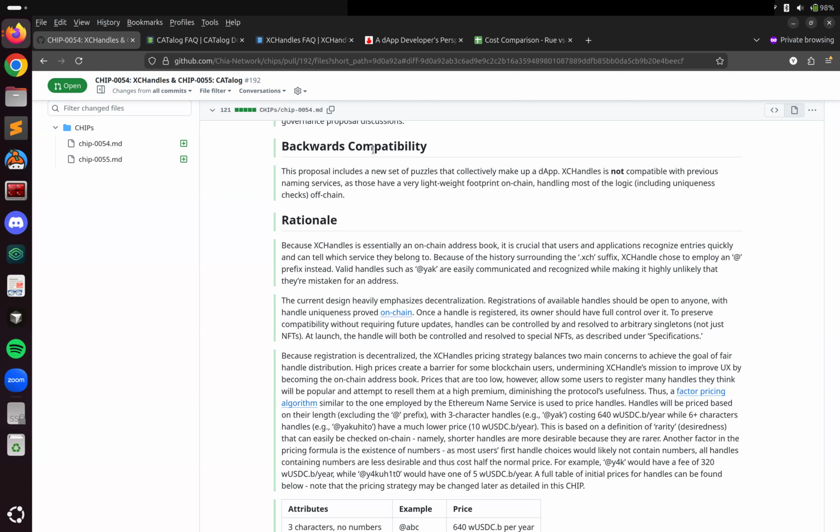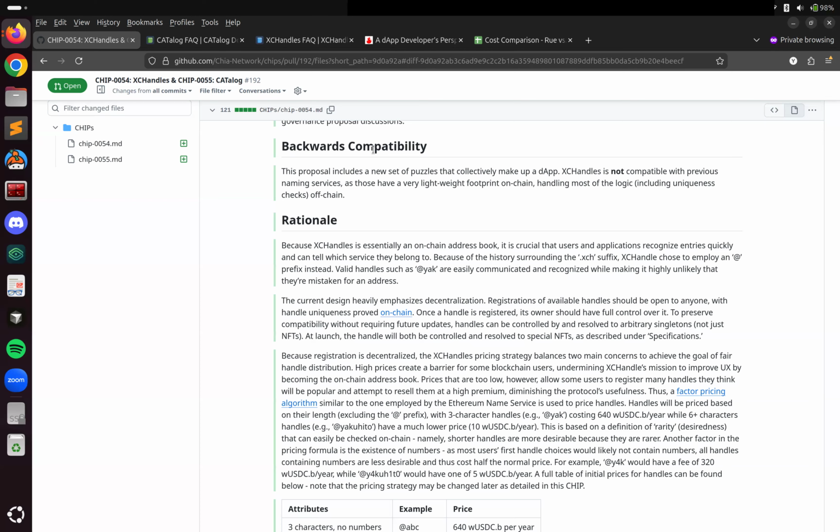I guess I should also address feedback. When I made the post a year ago, as I mentioned, I already had the prototype. Since then, the designs for both XCHandles and CATalog have been reviewed by a lot of community members in private when I explained it and I asked for feedback, and there have been major redesigns.